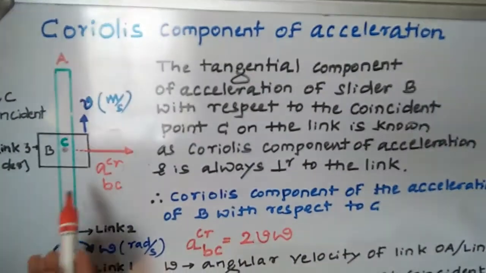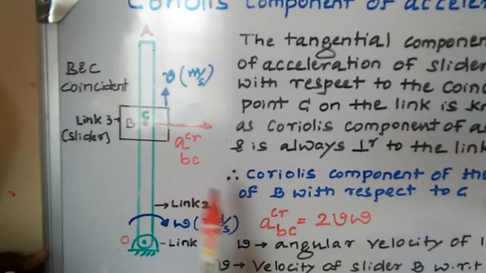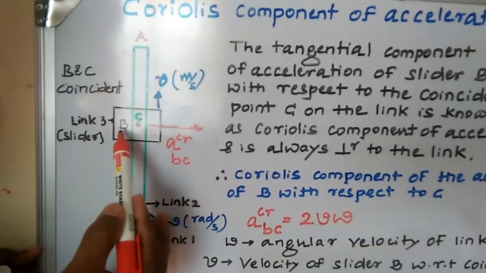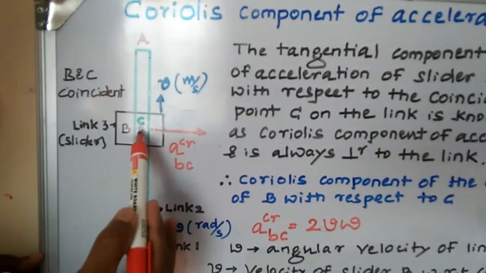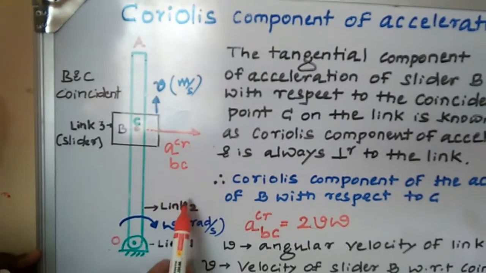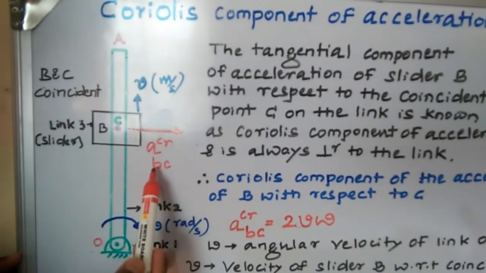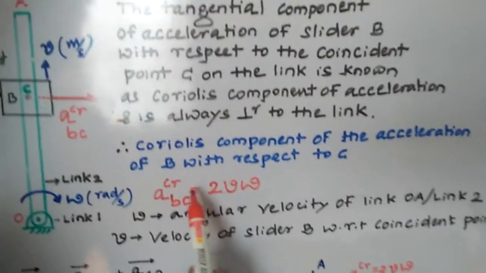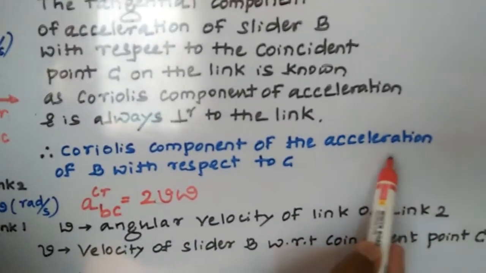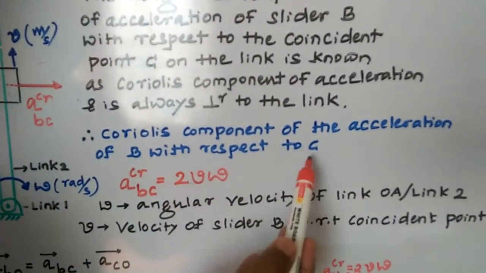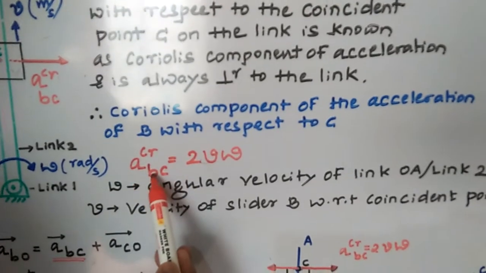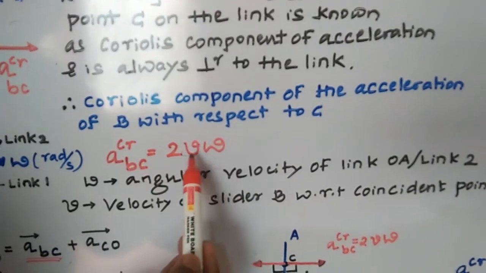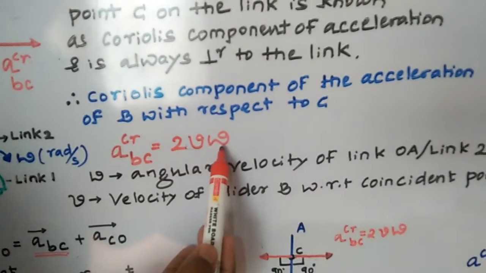What I have drawn here is the Coriolis component of B with respect to C. B is a point on the slider, C is a point on link 2, but both should be coincident points. The Coriolis component of the acceleration of B with respect to C is 2 into V into omega. V is the linear velocity, omega is the angular velocity in radians per second.